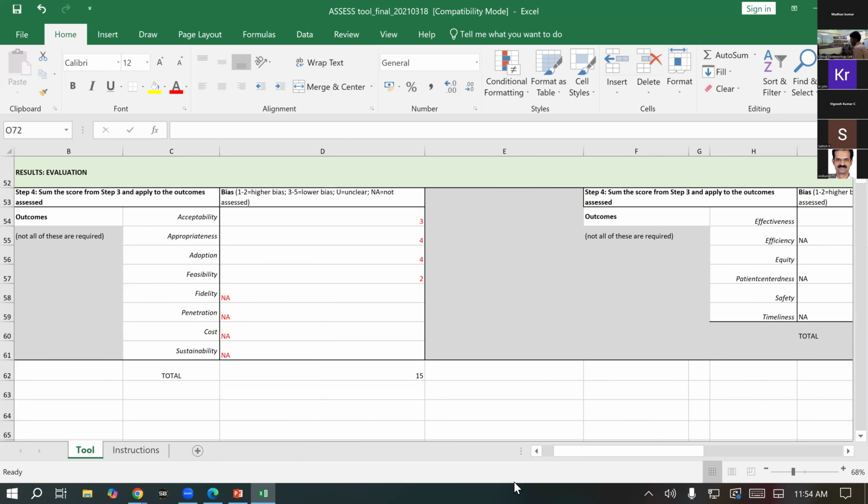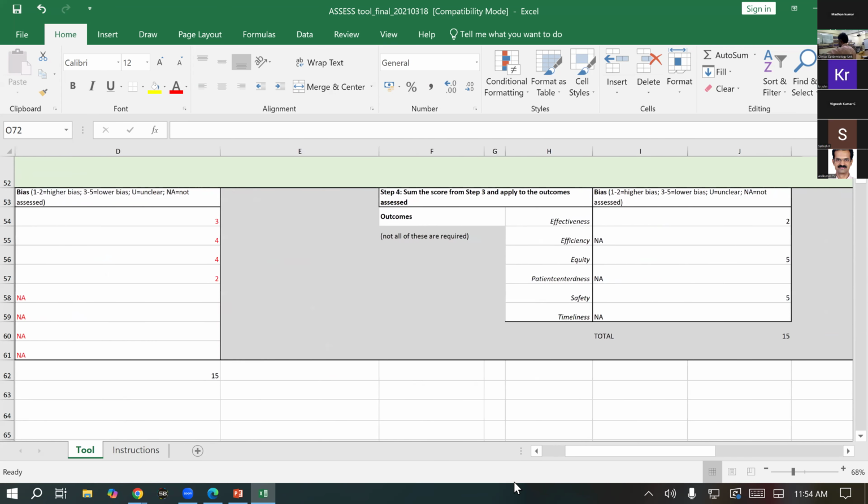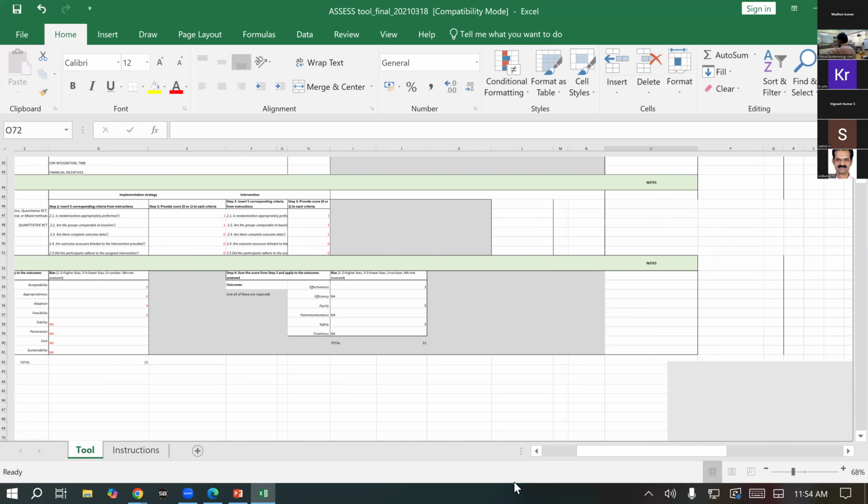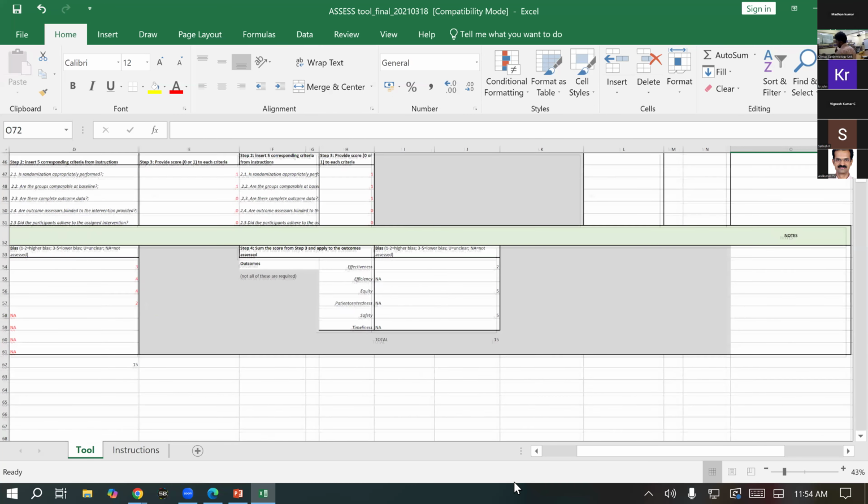Hence, the overall score for the implementation strategy was 15. And the overall score for the diagnostic accuracy is 15 from our study. Yes, sir. This has an overall score of 5, and here the overall score was 25. So overall score was 13 together.